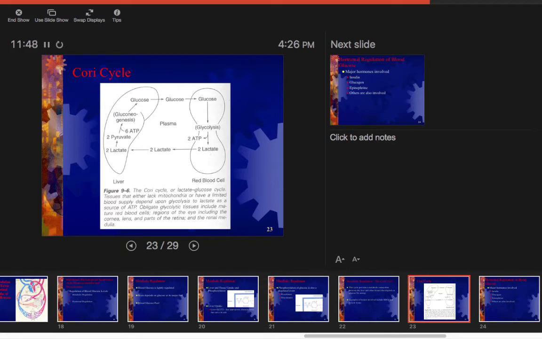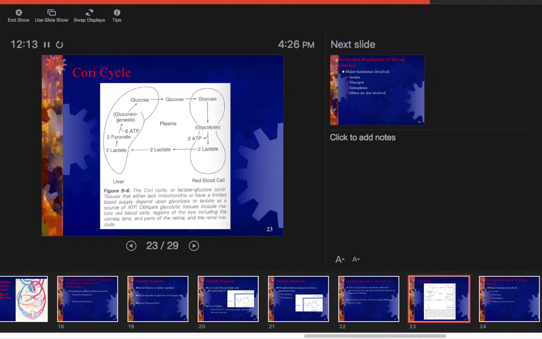In this case, it's showing glucose going into red blood cells. And remember, red blood cells take glucose, run glycolysis, so it converts it to pyruvate. And then red blood cells go pyruvate to lactate. And then lactate runs down its concentration gradient out of the red blood cells into the blood.